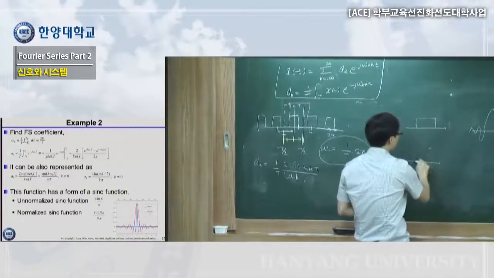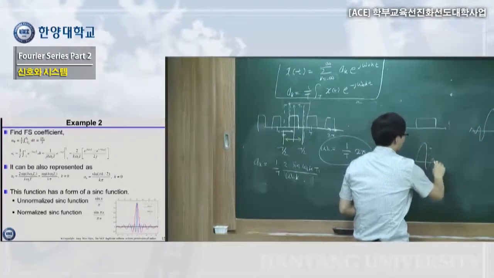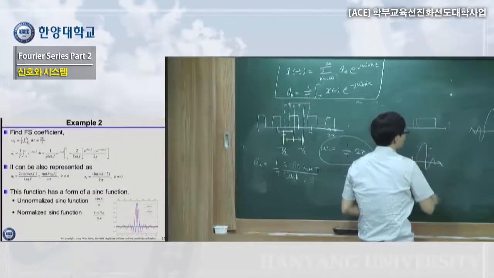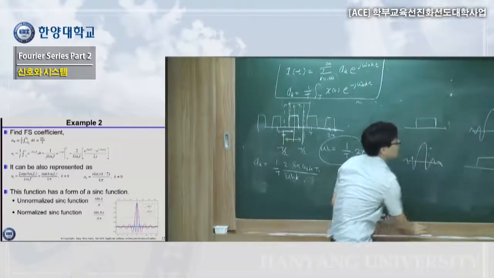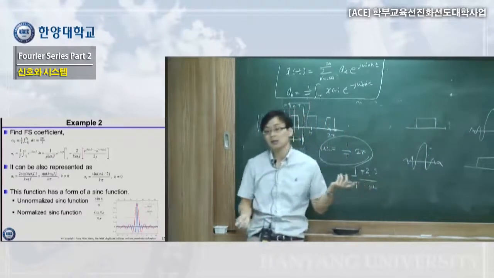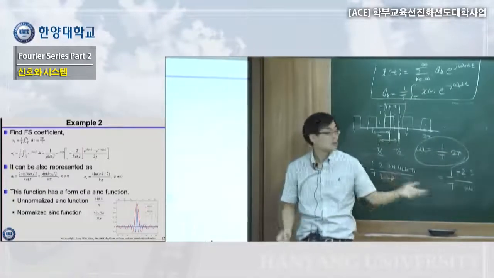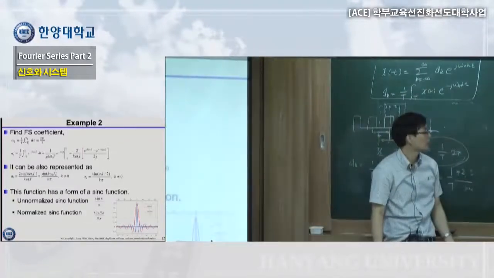Vice versa, if you have this form in the frequency domain, in the time domain it will be a square. In the first day lecture, please check it. I mentioned this. This is the time domain, this is the frequency domain.